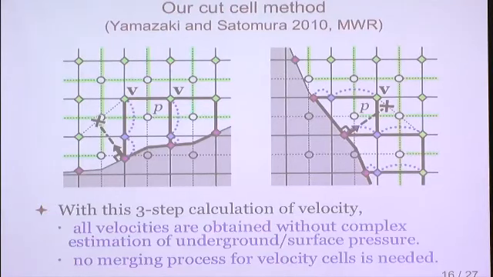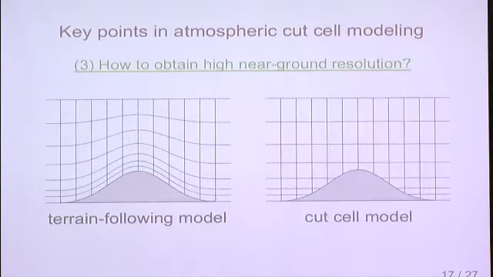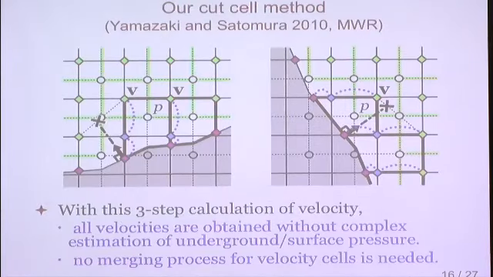So clearly there is some inaccuracy here. So it is more important to obtain high near-ground resolution here, because if I use a coarse grid around the boundary, the inaccuracy that occurs here could be substantial.